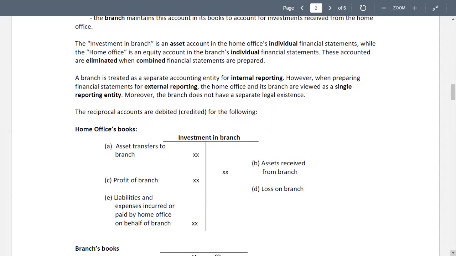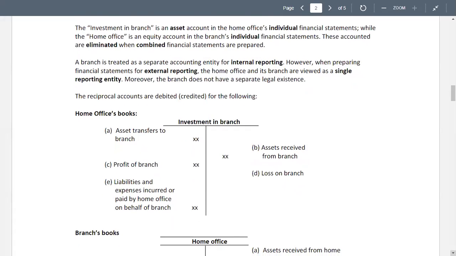Now, for the credit, the account investment in branch in the books of the home office will be credited for assets received from the branch. So if you have intercompany transfers of assets, remember you credit it for assets received from the branch and for the loss of the branch.